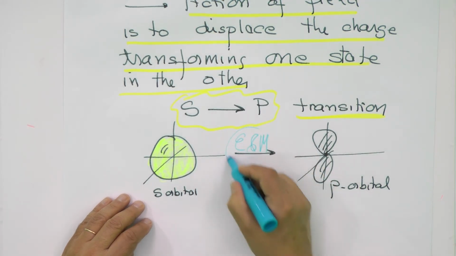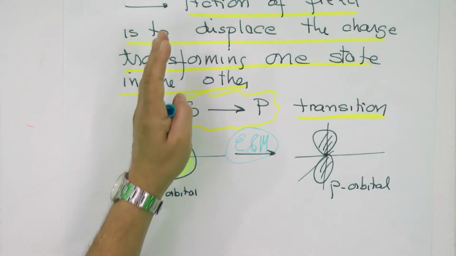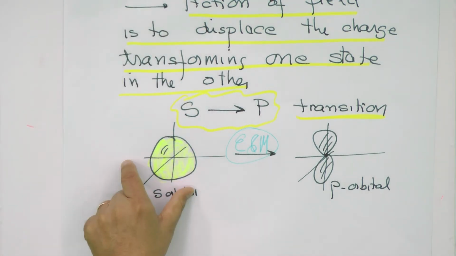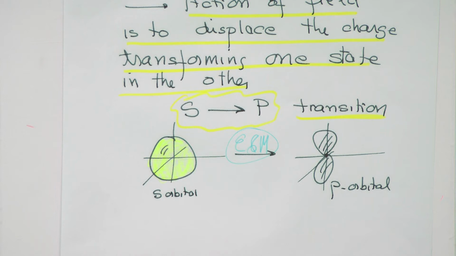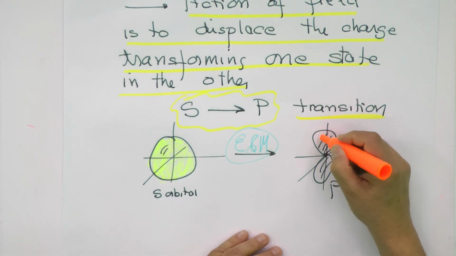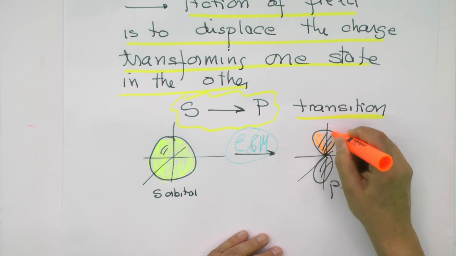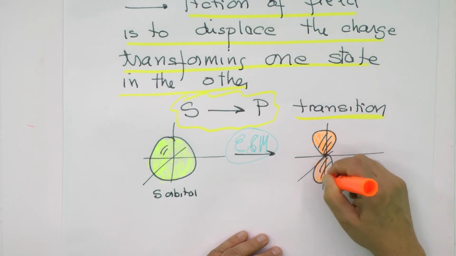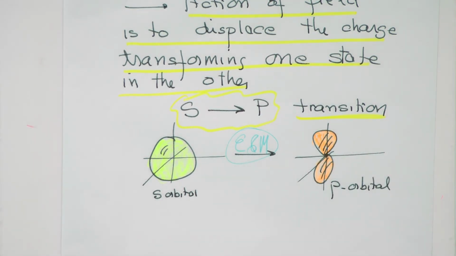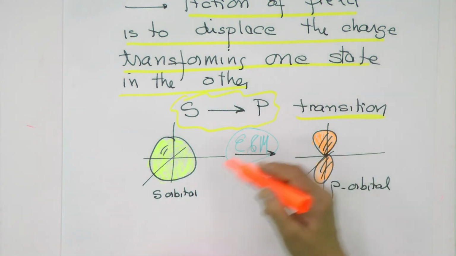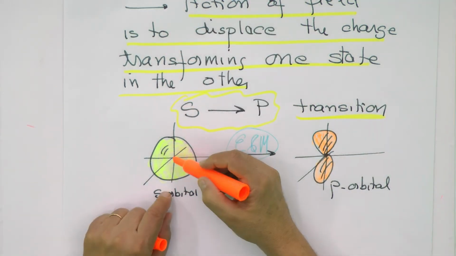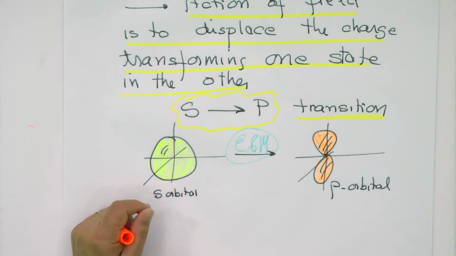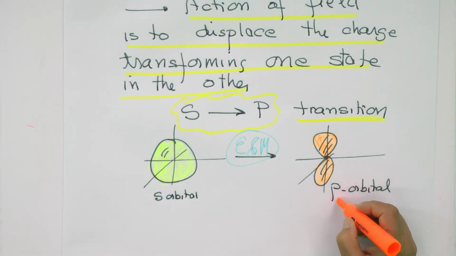So we added the electromagnetic field, which starts to displace the s orbital, and when the displacement is enough, I gave enough energy for the system to be in another orbital that looks like a displacement of this. I took from here, displaced up and down. That's the p orbital.